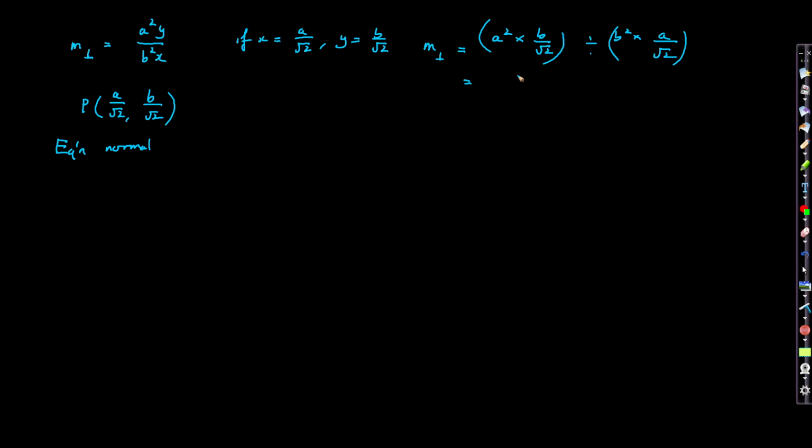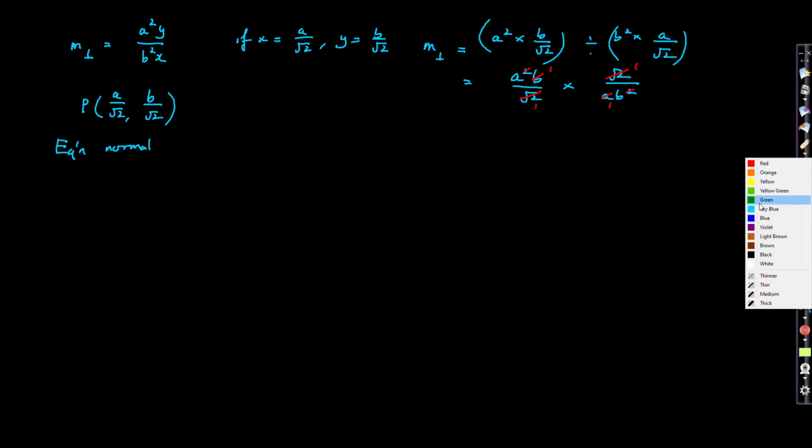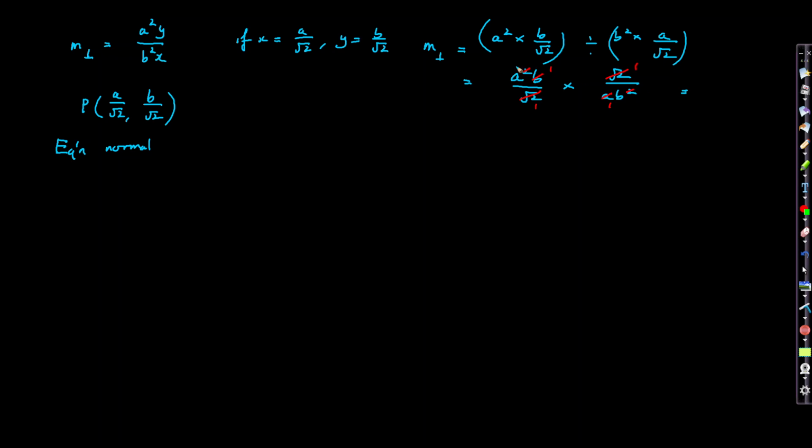So it'd be a squared b over root 2 times the reciprocal, which will be root 2 over a b squared, which is going to simplify right down. That cancels with that. We're going to have one of these b's cancelling and one of these a's cancelling. So we're going to end up with a over b. Okay, which is a lot easier to work with.